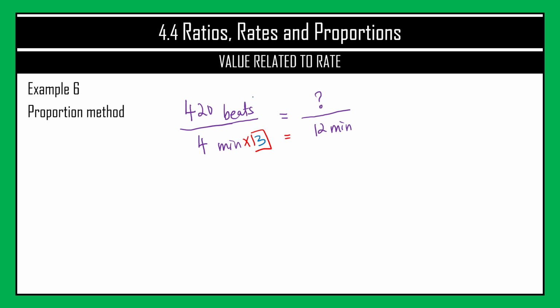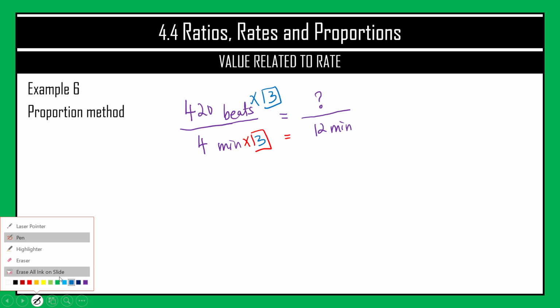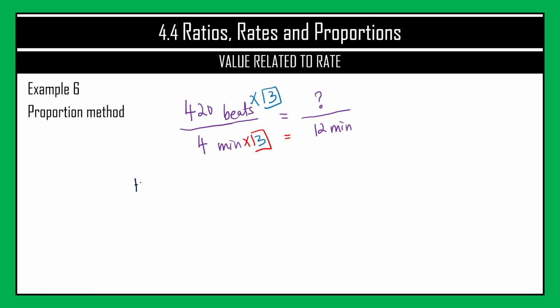Now, as in fraction, whatever we multiply at the denominator, we'll do the same on the numerator, which is also 3. So the heartbeat of Mr. Tan throughout his 12 minutes would be 420 multiplied with 3, which is equivalent to 1216 beats.